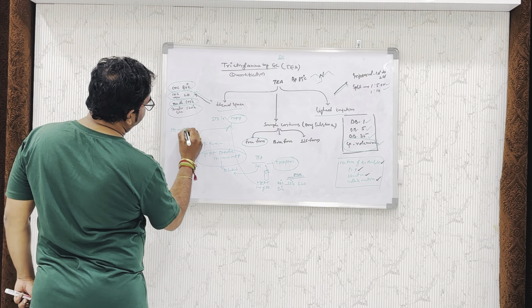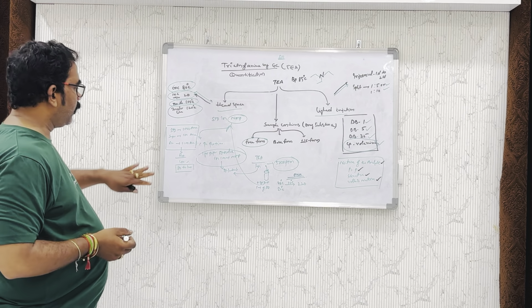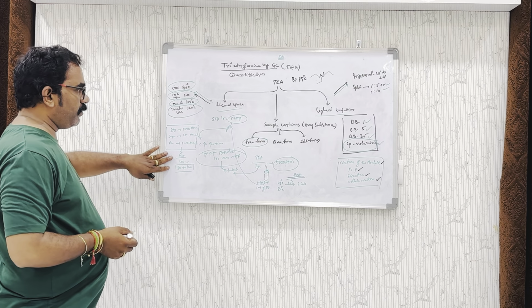This recovery you can consider 80 to 120%. When we are getting the spiking recovery within 80 to 120, your method is working, or it is a good method.